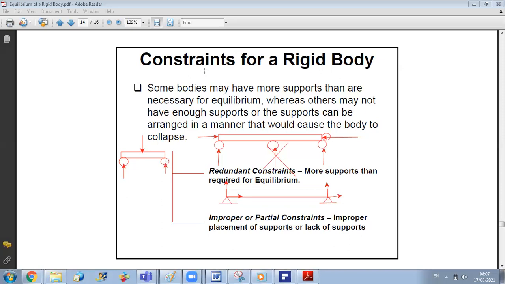But if I have a load in the x direction, then it is not possible to maintain equilibrium. So depending on the problem, in case I have improper or partial constraints, depending on the type of load, I determine if equilibrium is possible or not. We will do some problems on this.